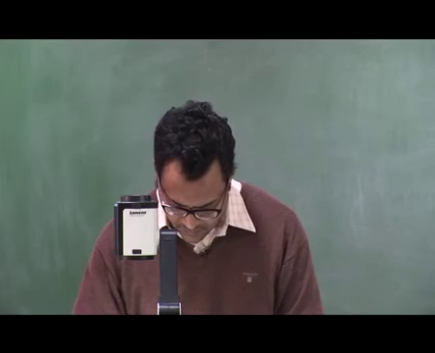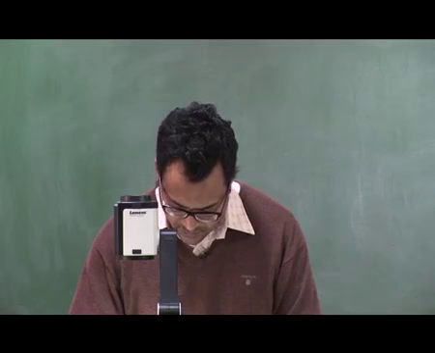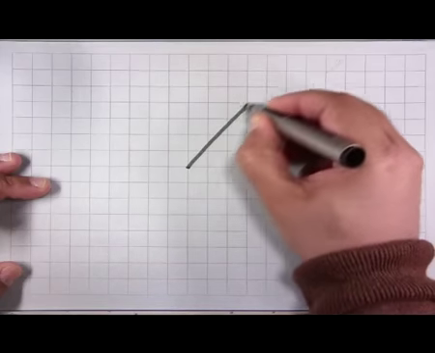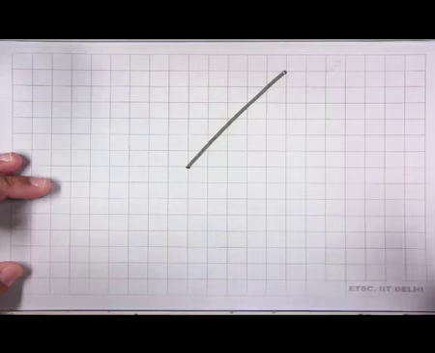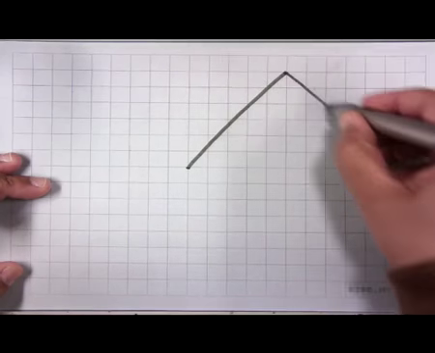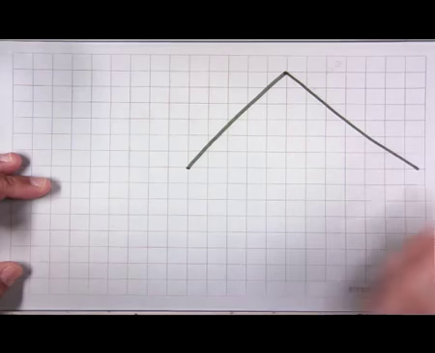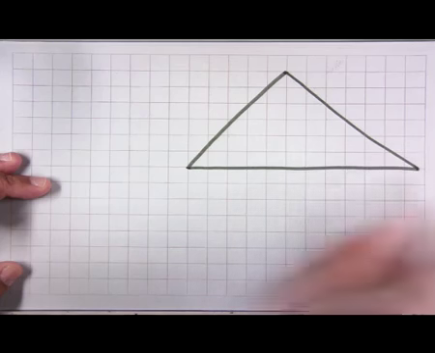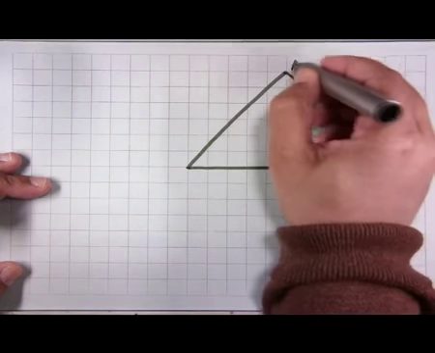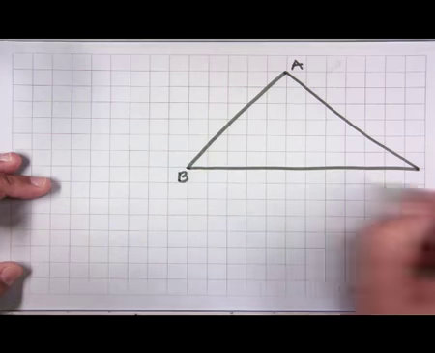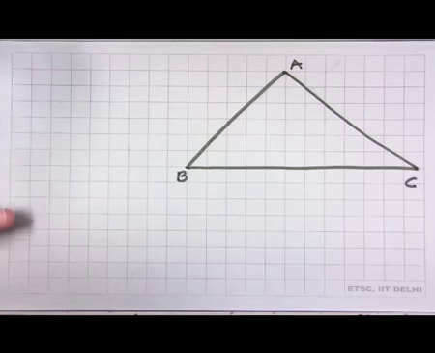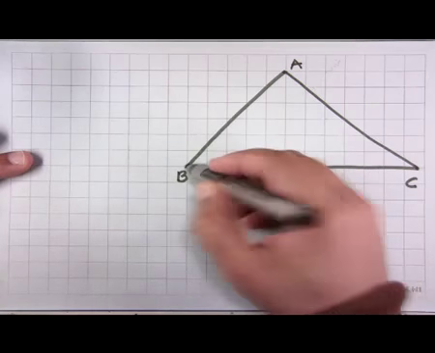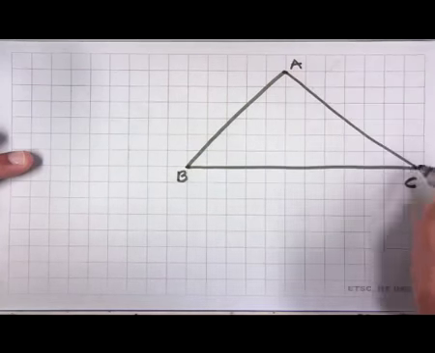So, let us say that we have this triangle ABC, which I am drawing right now. Let us say this is A, this is vertex B and this is vertex C. And then we draw perpendiculars from each of these vertices to the opposite side.